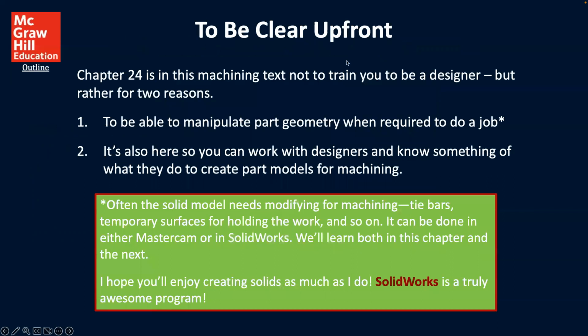So to be clear up front, chapter 24 in this machining text does not train you to be a designer, but rather it has two reasons: to be able to manipulate part geometry when required to do so on the job. And it's also here so you can work with designers and know something of what they do to create the models for machining.